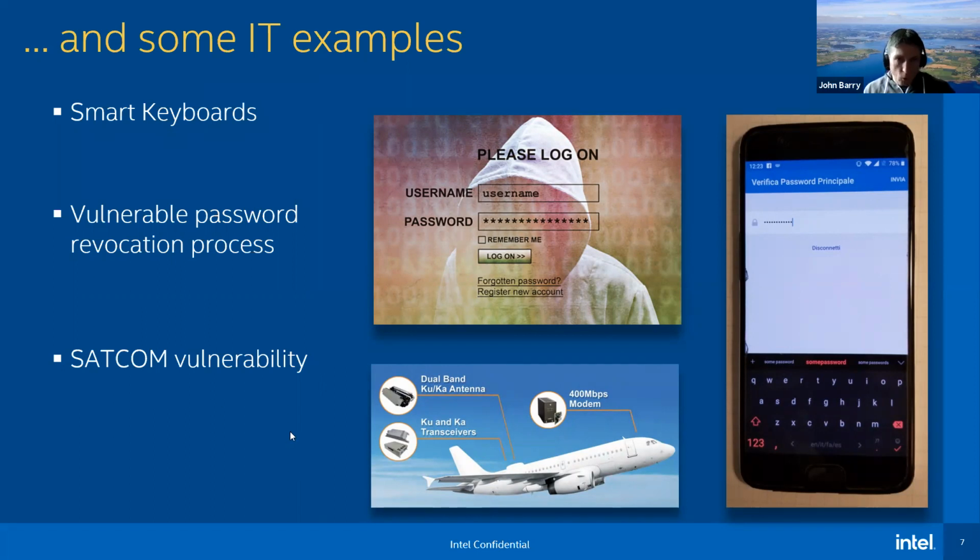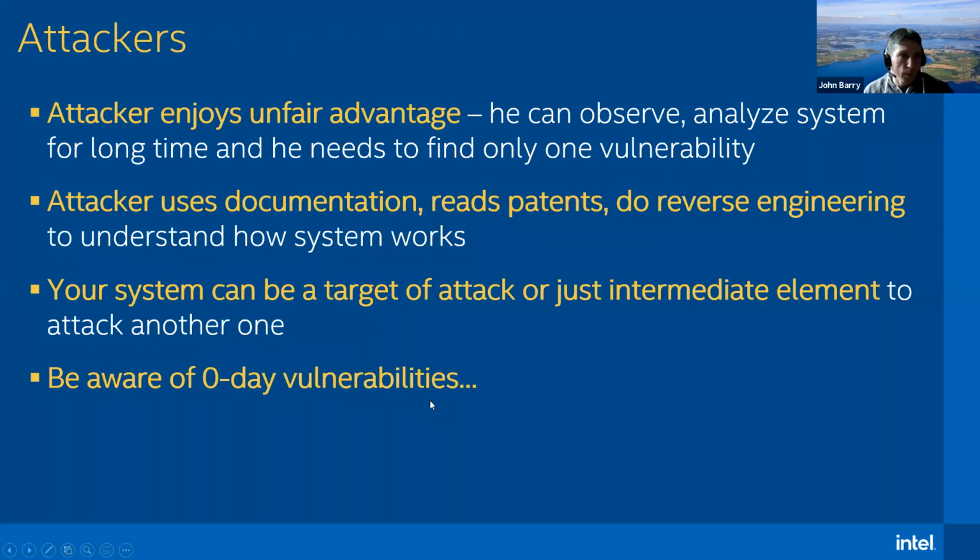Okay, so jumping along then to some more areas that we need to consider, and how we actually build in that security from the start. I suppose the one thing to remember is that there's a very asymmetric relationship.